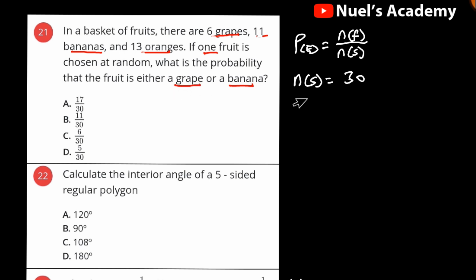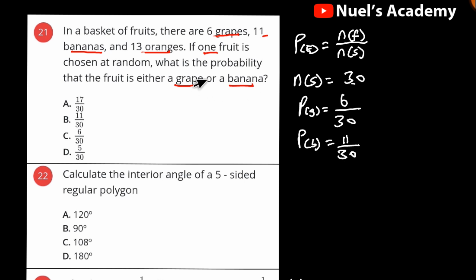For grape, the number of favorable outcomes is 6, so 6 over the number of possible outcomes, which is 30. And for banana, the number of favorable outcomes is 11, over the number of possible outcomes, which is 30.